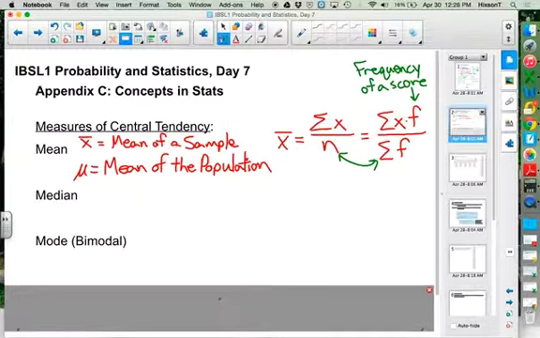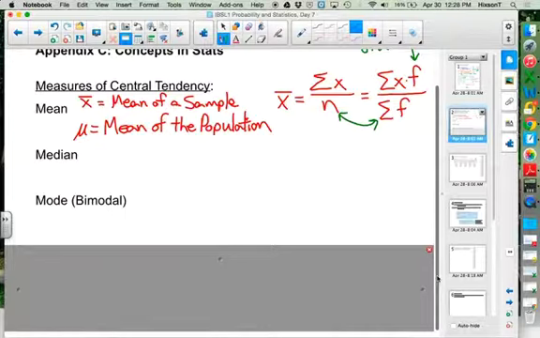So that's our mean. Then we have median. Anyone remember what median is? The middle score. Now, the only kind of challenging thing with the median is, it's the middle, and it actually will be one of your scores if you have an odd number of scores.